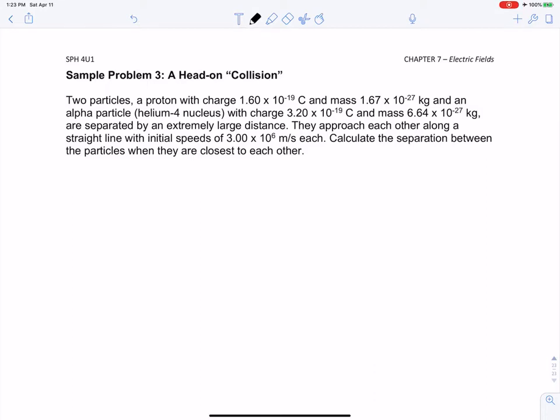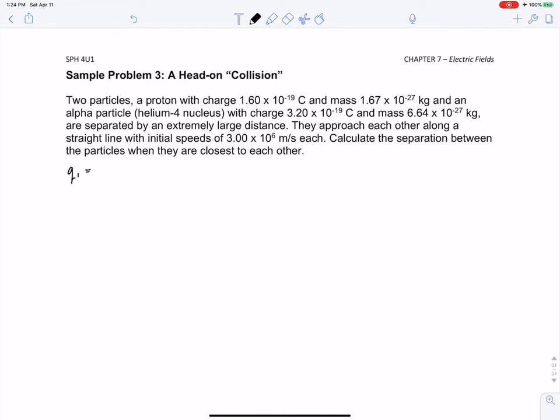They're separated by an extremely large distance. As they approach each other along a straight line with initial speeds of 3 times 10 to the power of 6 meters per second each, calculate the separation of the particles when they are the closest to each other.